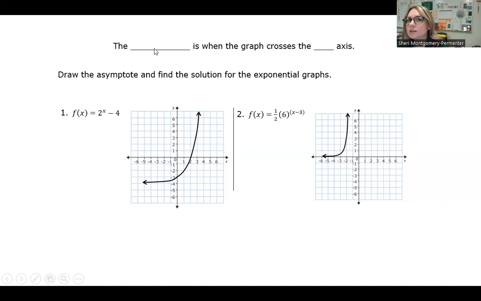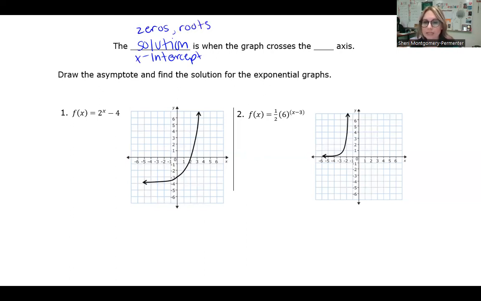And so the solution, do y'all remember other words for solution? It's x-intercept. What we're finding is x equals, and it's where it crosses the what axis? Yeah, x.